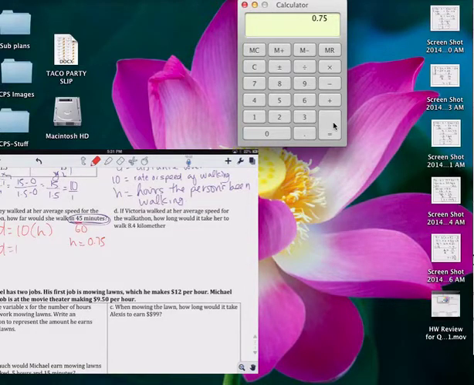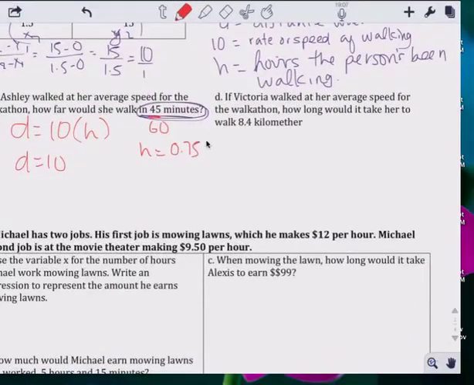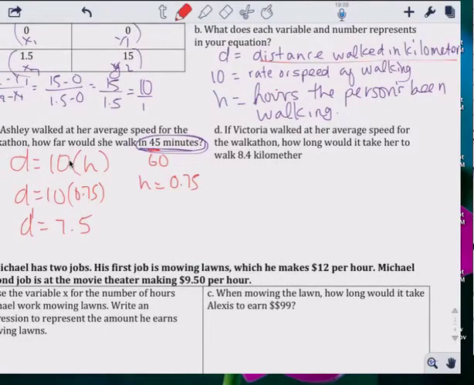So D equals 10 times 0.75. You multiply that, then D equals 7.5. Okay, D stands for distance walked in kilometers.